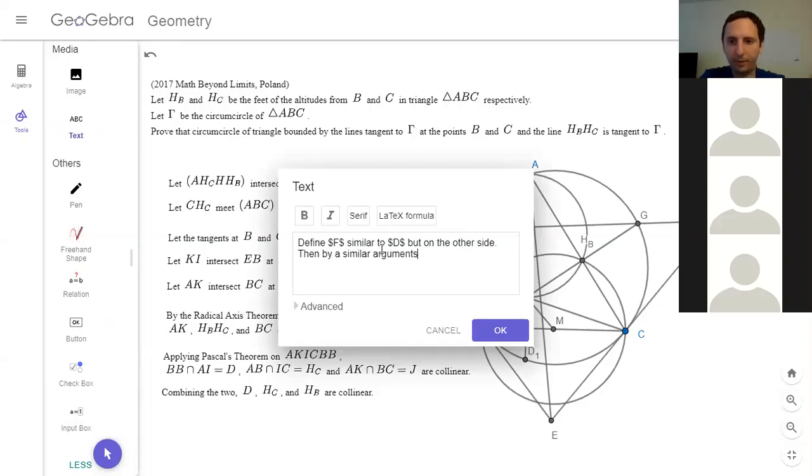And by a similar argument, F, HB, and HC are collinear, and also with D. All right.